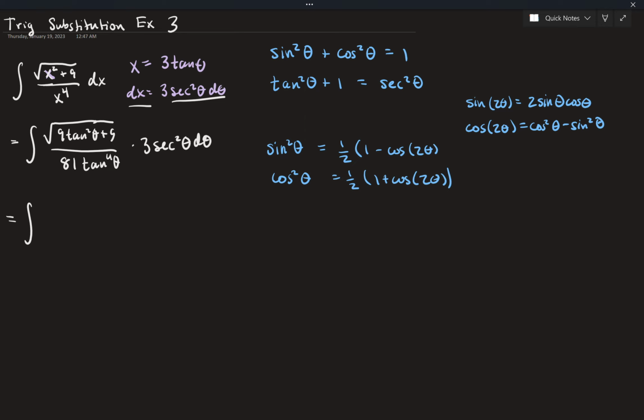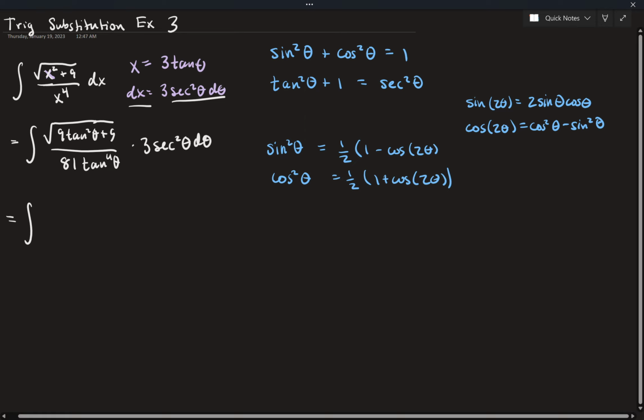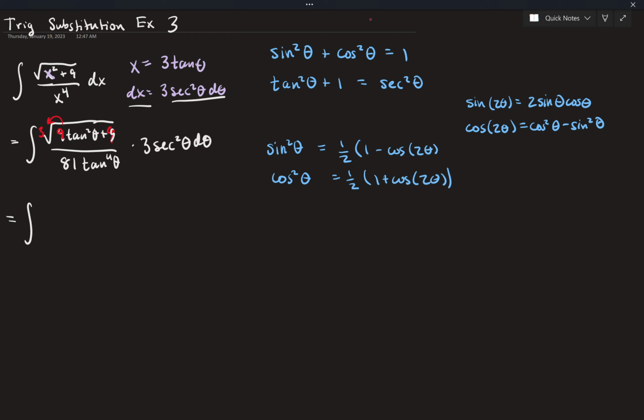I get the integral of 9 and 9 can come out to make 3. 3 and 3 make 9, and 9 over 81 puts a 9 down here. So overall I have a 9th as my constants.